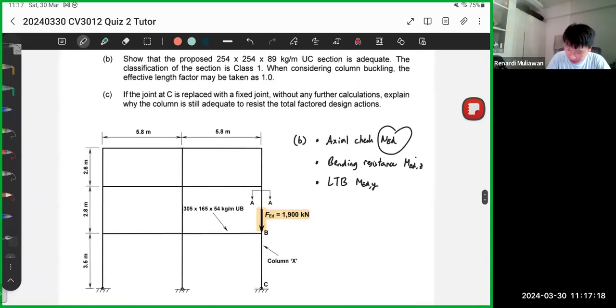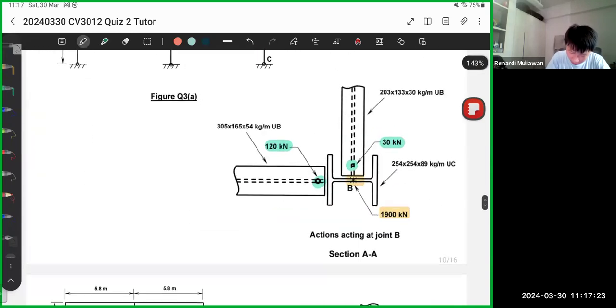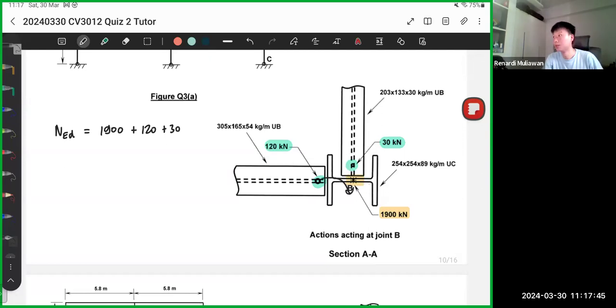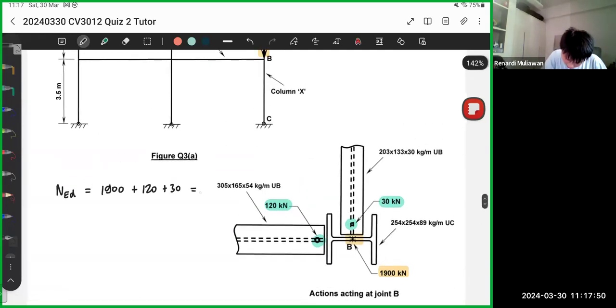Again, we have three loadings: NED, MEDY, MEDZ. Let's find them one by one. NED is straightforward. It's 1,900, but remember, you need to add the current level as well. So you add 120 and 30, because this 30 also goes to the column, and this 120 also goes to the column.